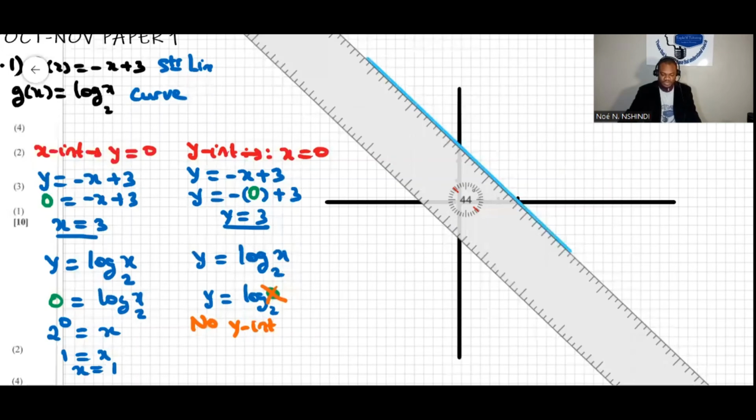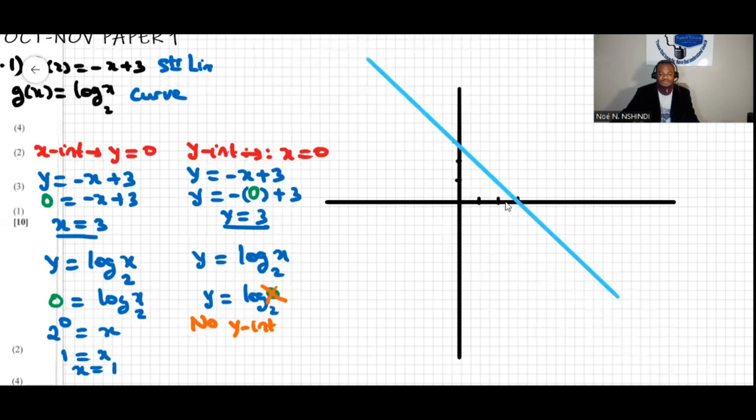So this blue line is the line of f of x. I'm not that good with colors, but let's say this is blue.